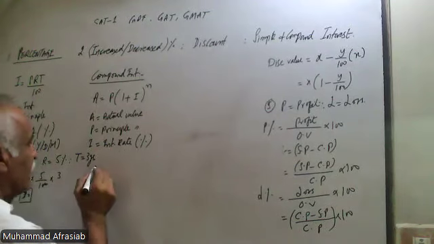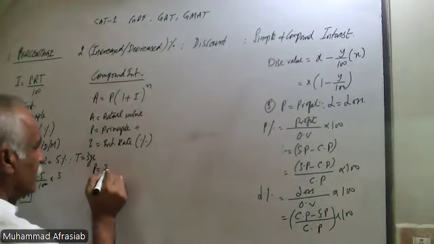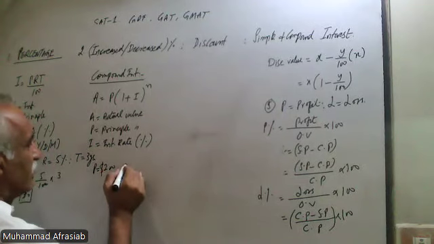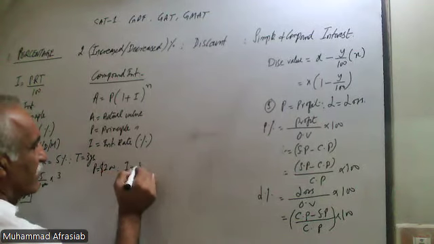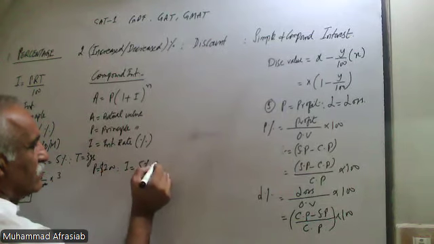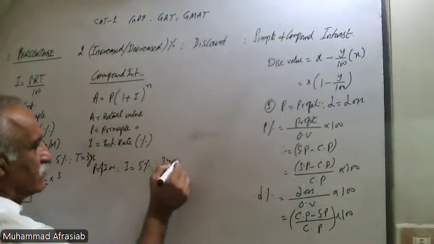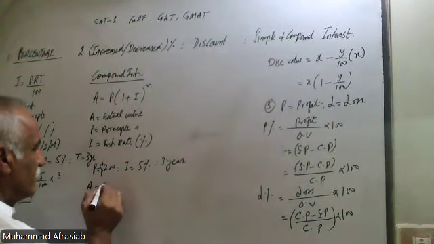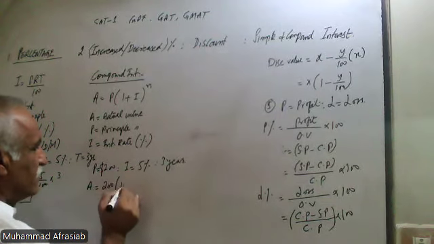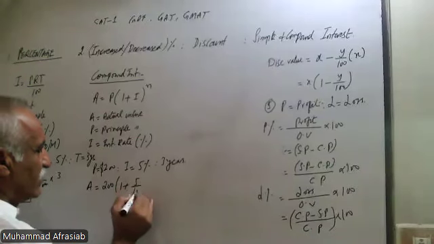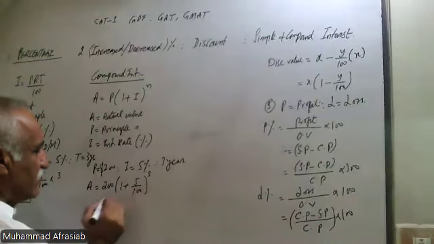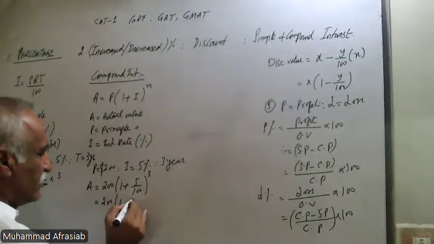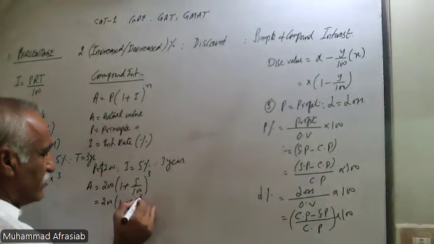So if $200 is deposited in an account with an interest rate of 5% for 3 years, then your actual amount after 3 years will be 200 into 1 plus 5 over 100 to the power 3, that is 200 into 1.05 to the power 3.